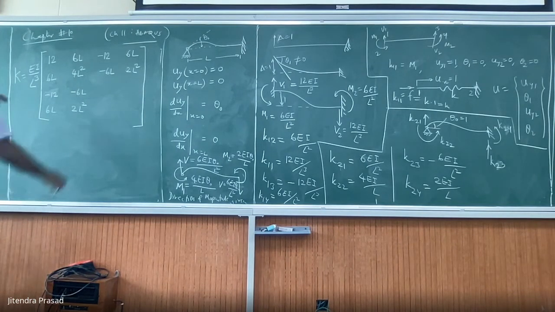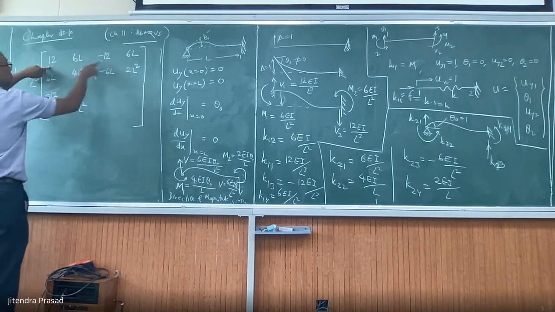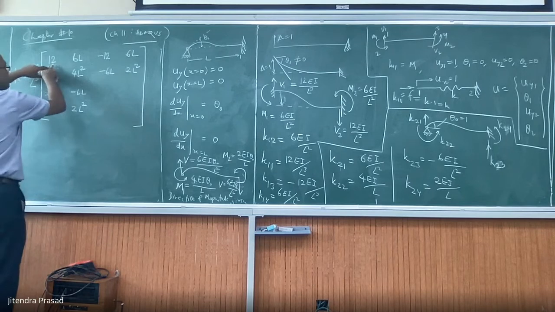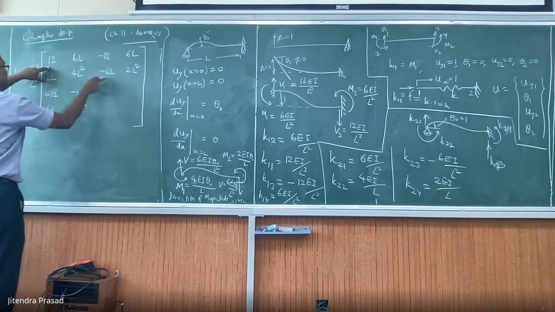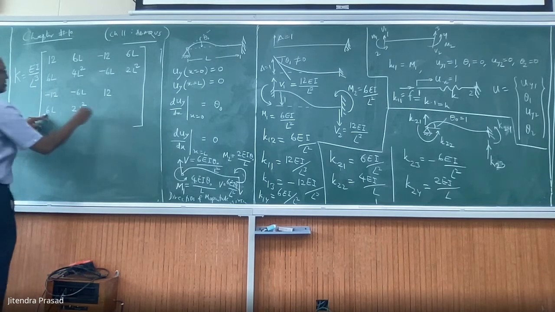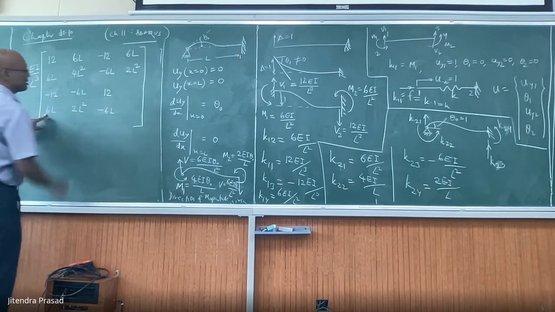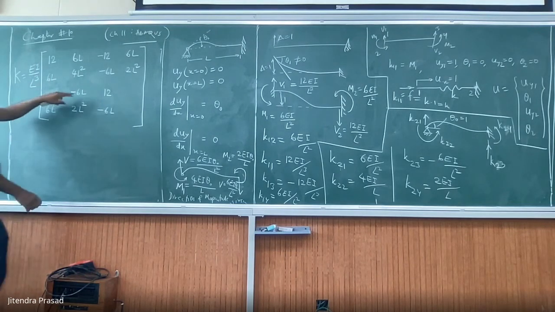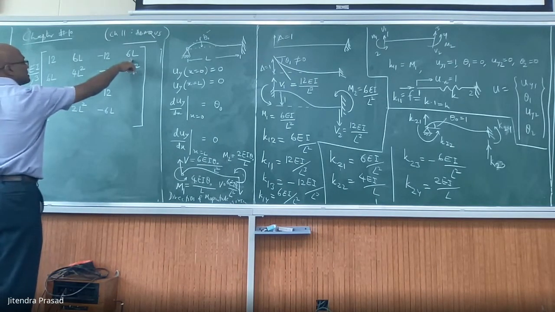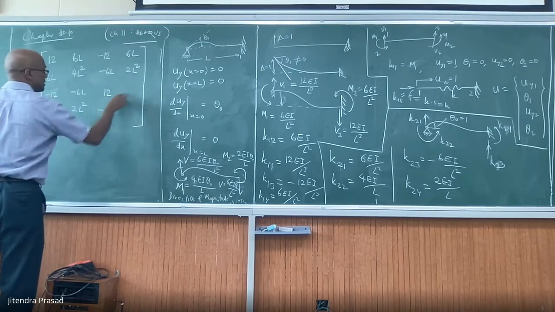One thing is 12 minus 12, these are forces, right? So they will match. So add them, it has to be equal to 0. So minus 12 has to be 12, right? 6L, we have to minus 6, right? So now similarly here, 6L, here 2L, and here minus 6.